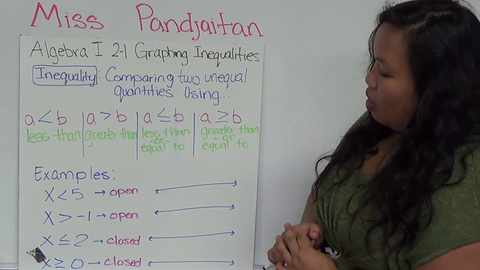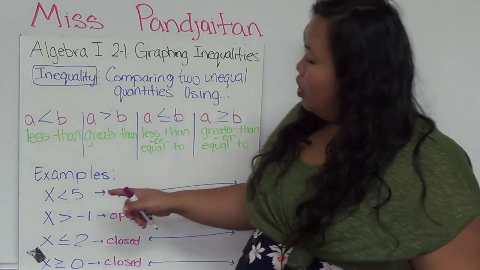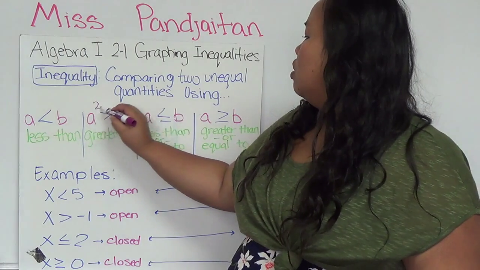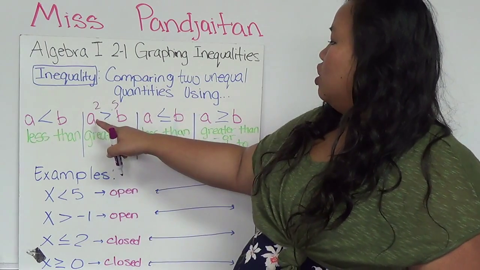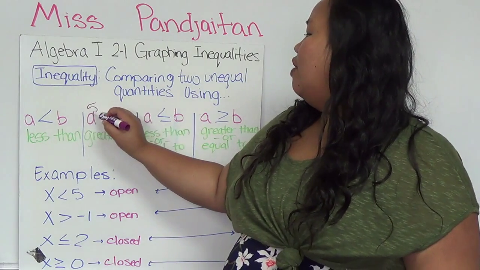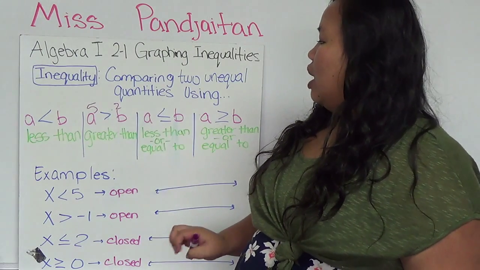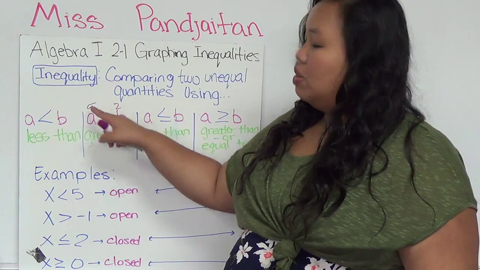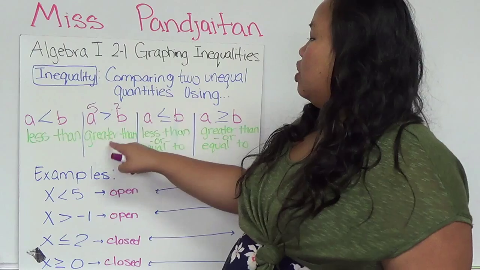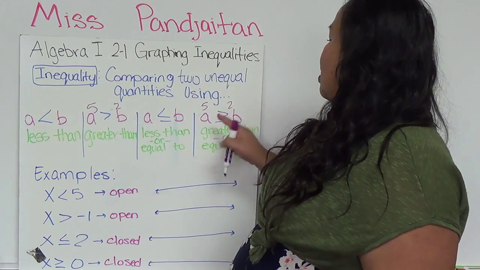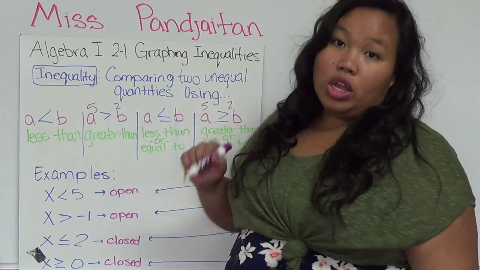For example, if we have 2 and 5, if A is 5 and B is 2, the open side of the sign goes to the bigger number. So 5 is greater than 2. But if it has a line underneath, then 5 is either greater than or equal to 2.